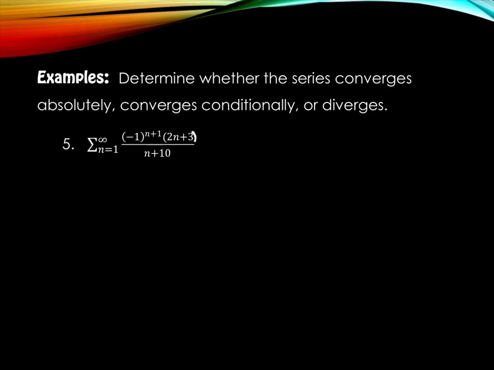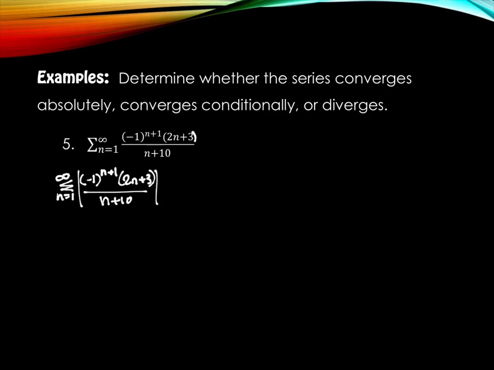All right, we have an alternating series, correct? And we're trying to decide if it's absolutely or conditionally convergent, or perhaps if it just diverges altogether. So let's take a look at the absolute part first. If we look at the summation from n equal 1 to infinity of the absolute value of negative 1 to the n plus 1 of 2n plus 3 over n plus 10, we're starting with this.